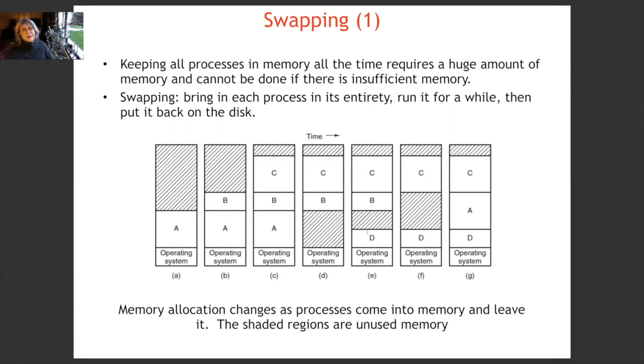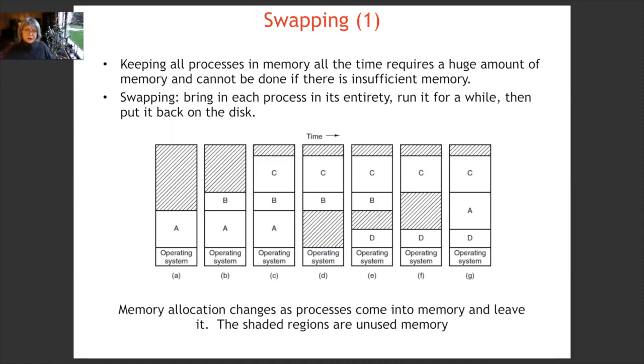And then, for example, process D arrives. Notice that because there is a free area here, it is loaded into that free area. And then, for example, process B terminates.